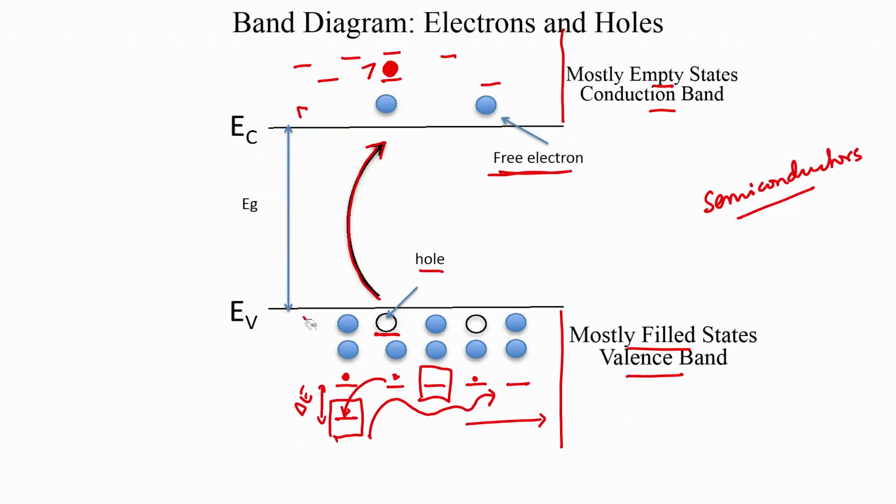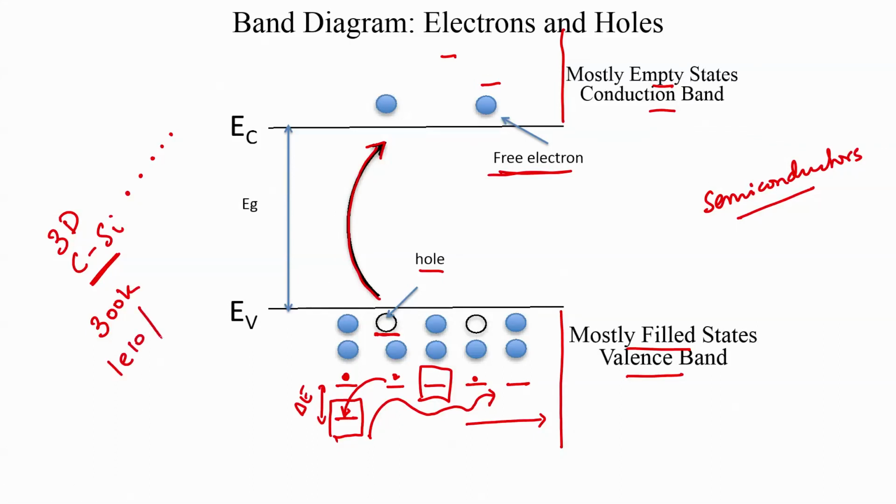Now in the case of crystalline silicon, which will be in some sense our role model of study, let us say 3-dimensional crystalline silicon, which is basically a periodic arrangement of silicon atoms in 3 dimensions, we find that at room temperature, at 300 Kelvin, we do have about 1e10 electrons per cc, that is per centimeter cube, being promoted from the valence band into the conduction band states.